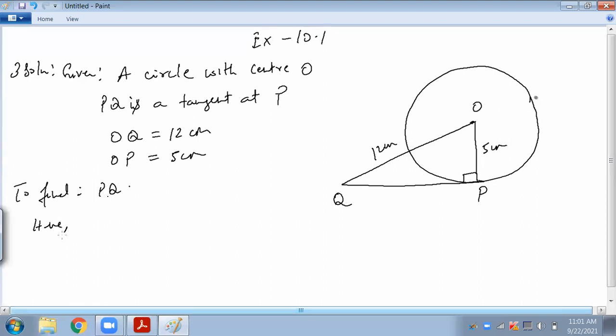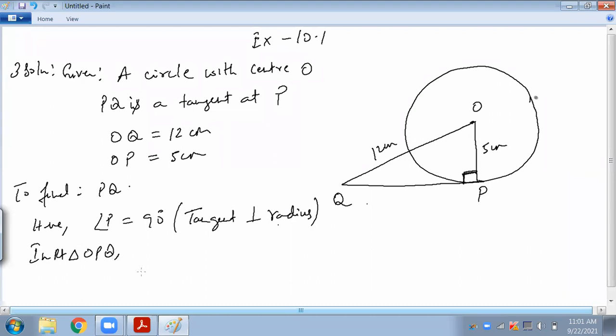First, angle P will be 90. Why? Because the tangent is perpendicular to the radius. So if angle P is 90 in triangle OPQ, we can use the Pythagoras theorem and find the third side. In right triangle OPQ, we apply the Pythagoras theorem.